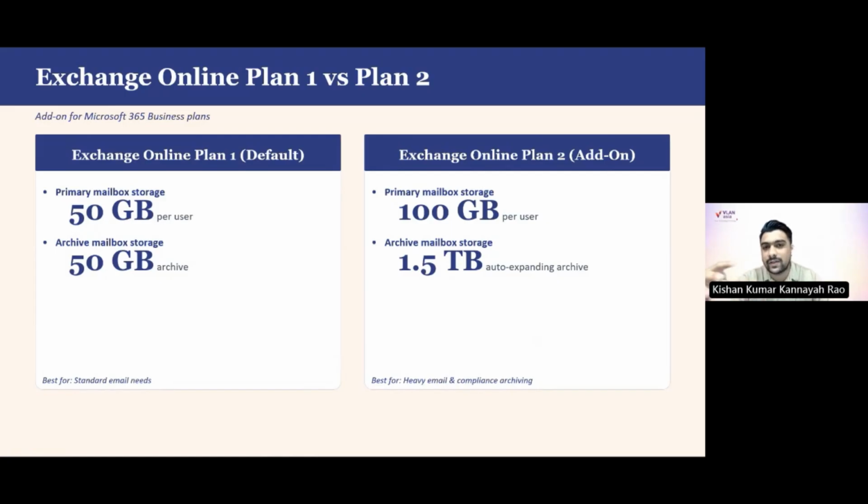Any emails older than 5 years, maybe you've been working in the company for 10 years, the moment the emails reach 5 years old, everything will be moved to archiving. So technically, you are going to save about 50% of your current mailbox storage. From 50 GB, you'll be down to 25 GB, depending on the storage that the 5 years of data is taking up. So you can do this method first, which is the retention policy part.